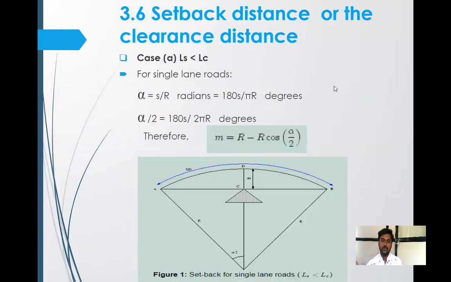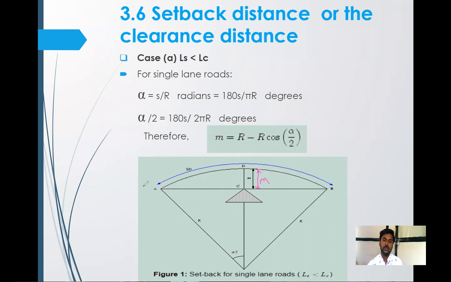So see here the formula. Suppose this is the center line of the curve, and from the center line of the curve, any construction is provided at a distance of m. This distance m we have to calculate. So how to calculate the distance m?